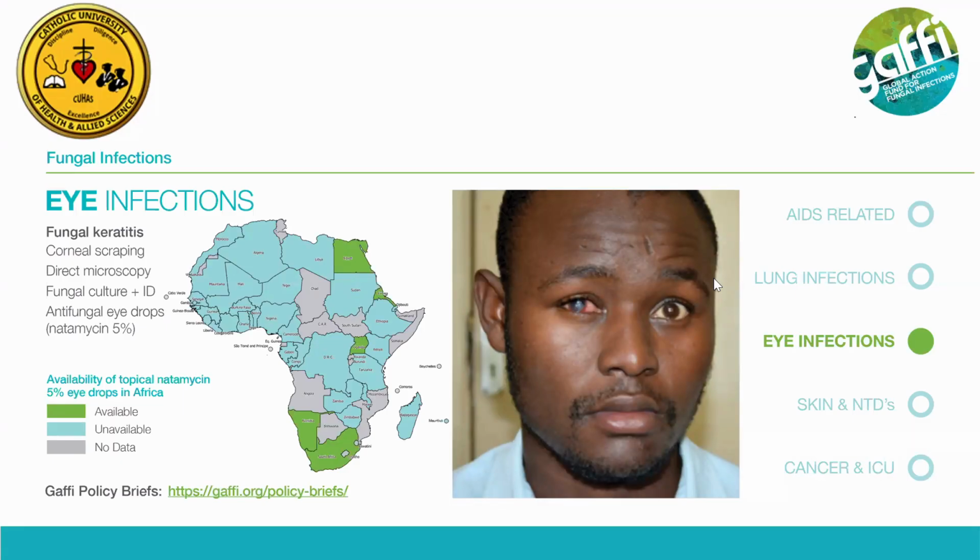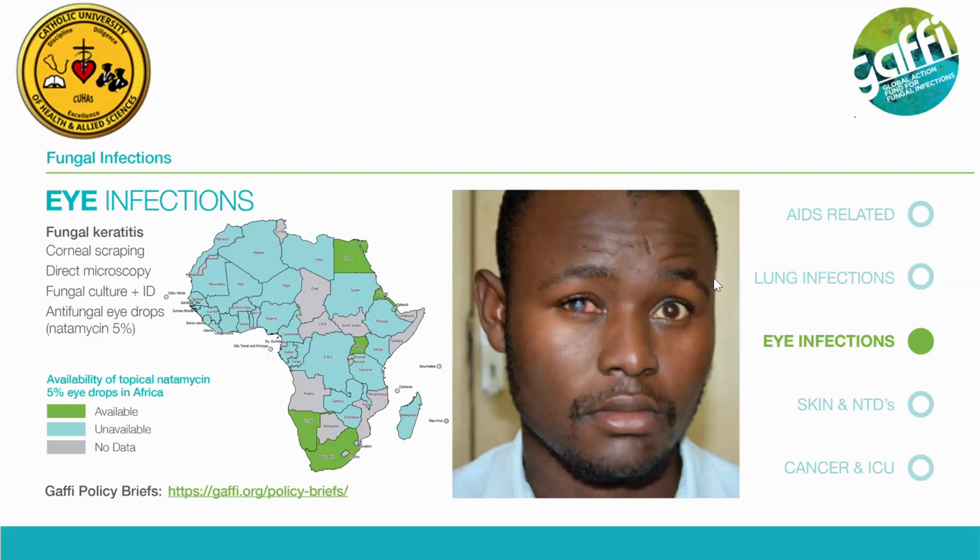And so we said let's look at the availability and utility of eye scrapping and direct microscopy for fungal keratitis. When we look at the map, we can realize that direct microscopy and fungal culture for fungal keratitis are not available in most of the African countries. There are very few countries in Africa where at least they have a protocol for the diagnosis of fungal keratitis.